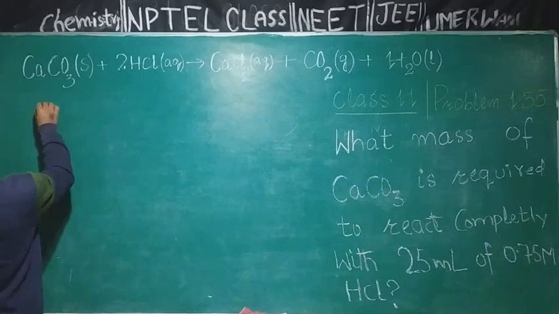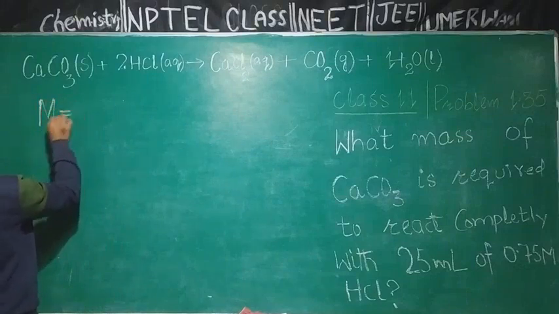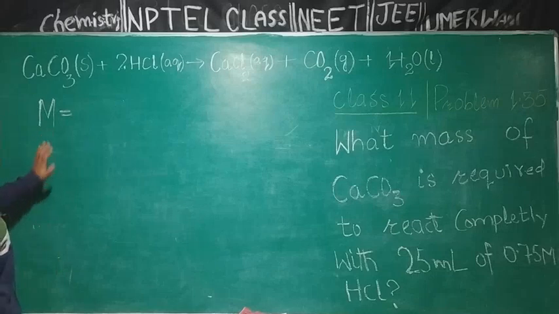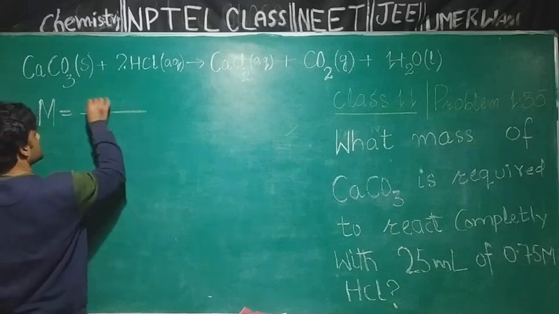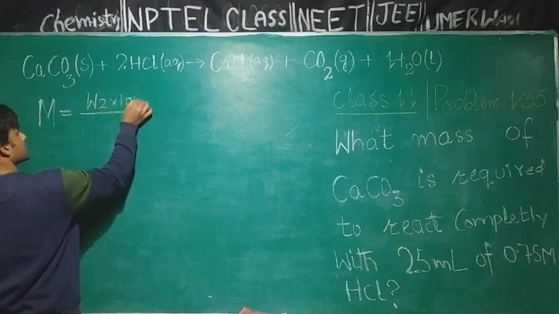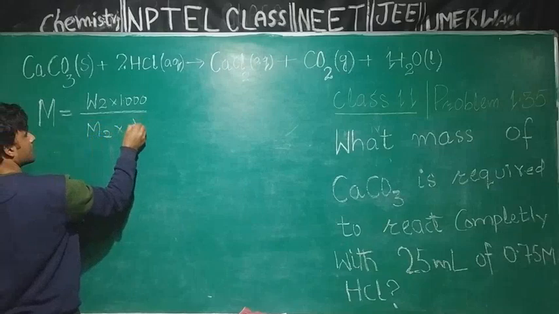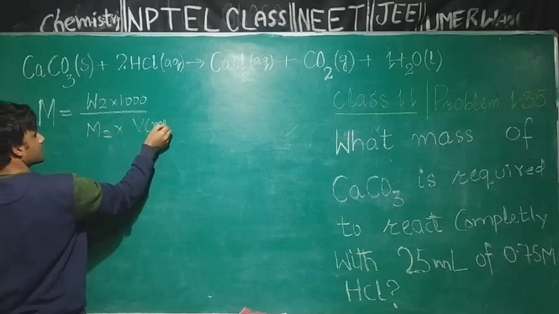And how will I calculate it? By using the equation of molarity, which relates molarity with the mass of solute dissolved: M equals W2 multiplied by 1000, divided by M2 multiplied by volume in ml.